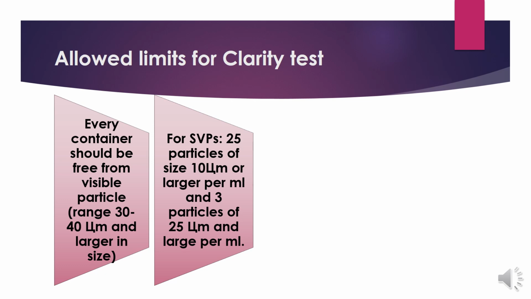And similarly 10 micrometer or larger but less than 25 micrometer are allowed, including 25 ones. So you have to understand this point. Particles less than the visible size are allowed.